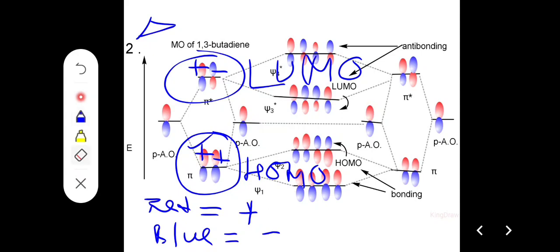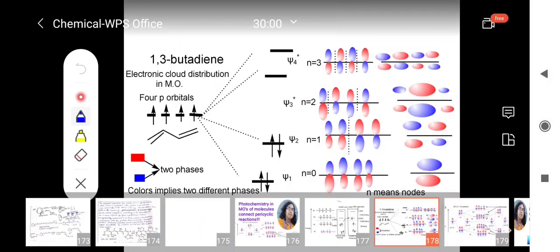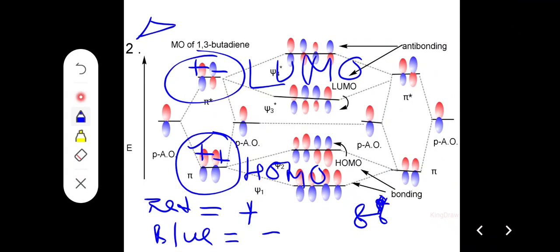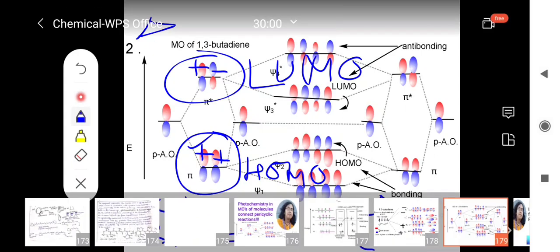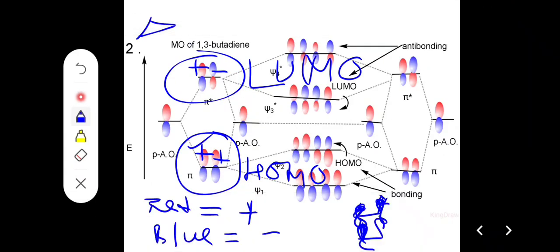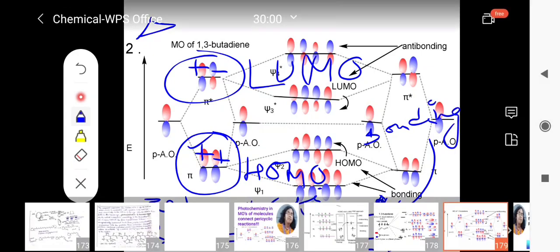For example, if their phases are like that, there is a bonding interaction, and there is an anti-bonding interaction.